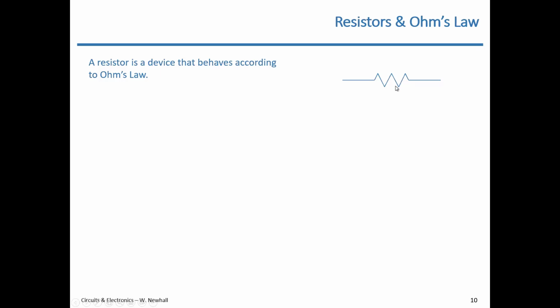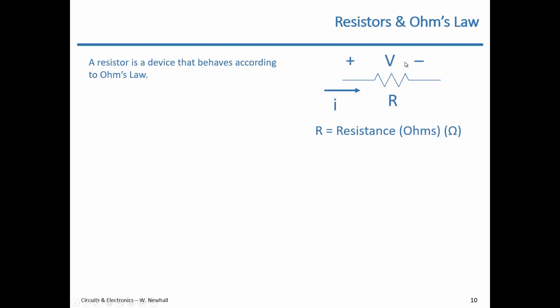So resistors are not just circuit elements that you put in your circuits, work circuit problems with, and dissipate heat, but resistors and Ohm's law also apply to these devices that just behave according to Ohm's law.